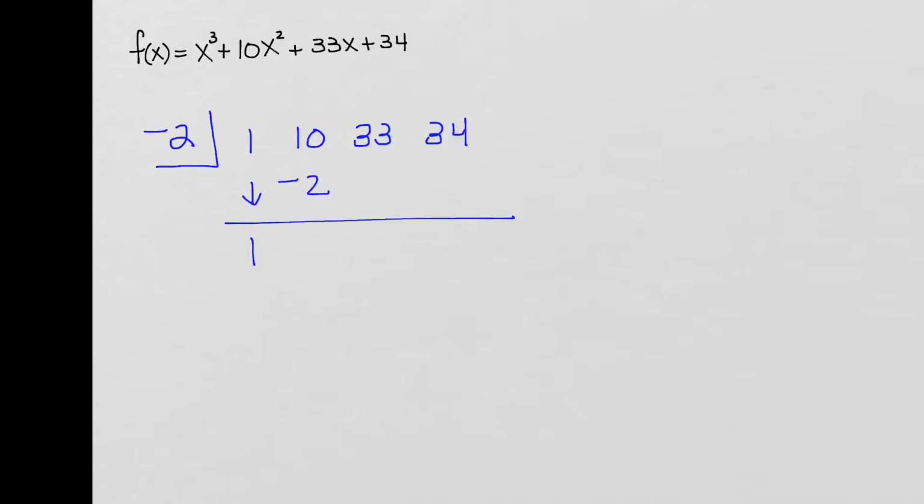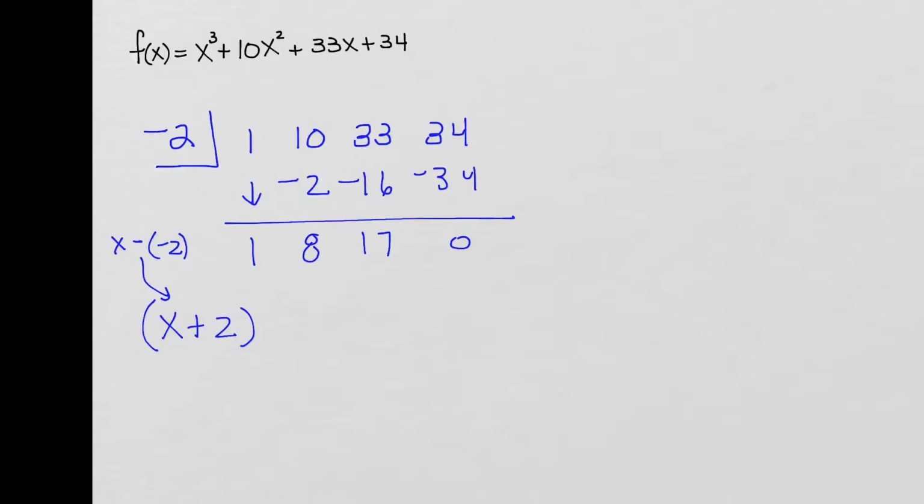So it's 10 plus a -2 gives me 8, and -2 times 8 is a -16. 33 minus 16 is 17, and -2 times 17 is -34, which I'm very happy to see because that gives me 0. So now I have one factor, which is x plus 2, because it's always x minus your 0, so it's x minus a -2. That's how we got x plus 2.